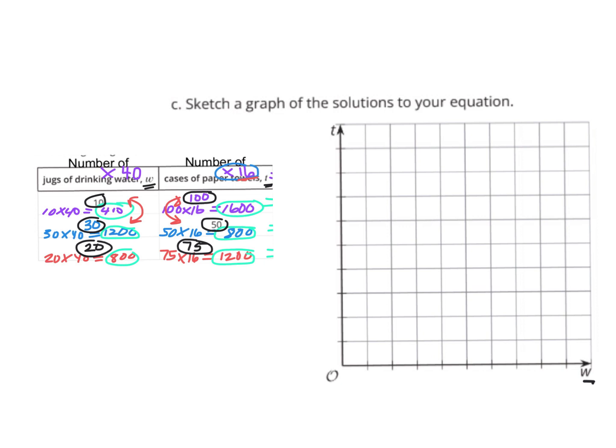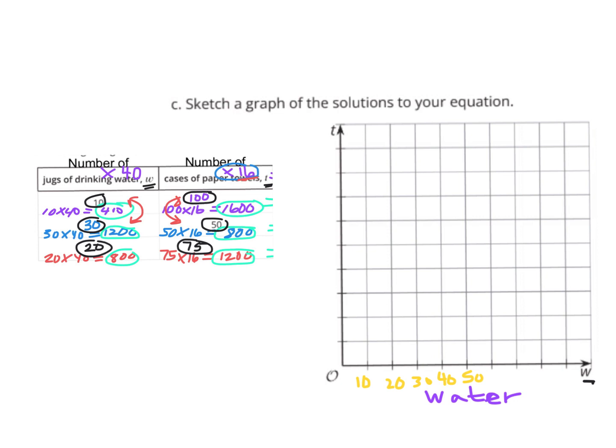So that is our water. So label that water. And our water is going by tens, so we can label this in increments of 10. 10, 20, 30, 40, 50, and that's enough because I actually just need 10, 20, and 30.